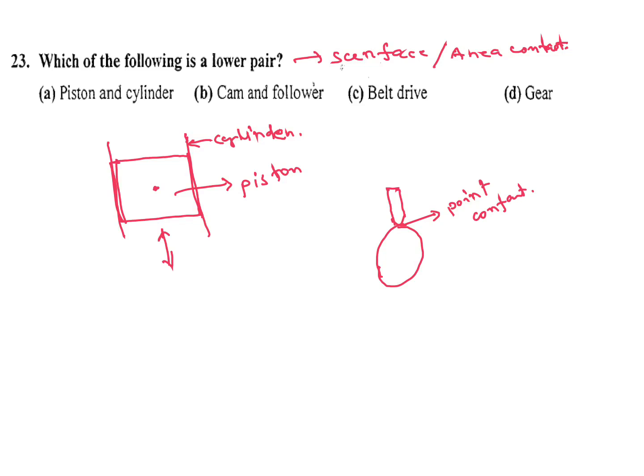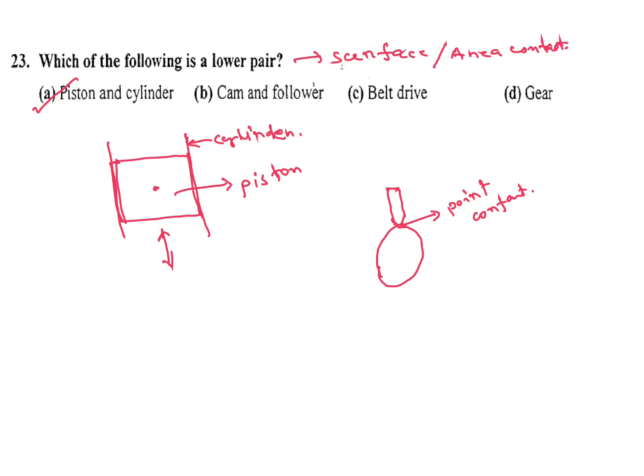Belt drive, it's one way rigidity, loose contact and tight contact both are possible, so it's higher pair. And in gear, it's point contact, so gear is also a higher pair. Only option A is our lower pair.